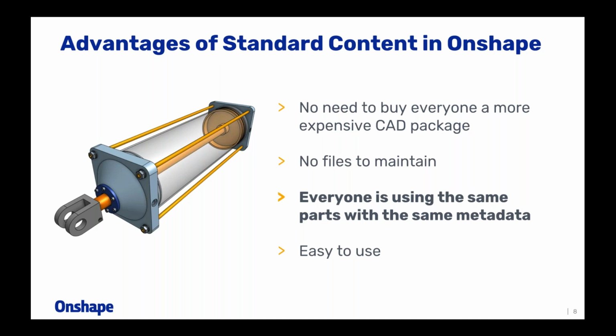The biggest thing is, by default, with no action or management of your own, everyone in your company is using the same exact parts with the same exact metadata. That's a key thing to stress in companies or teams where that can often be chaotic. And of course, in typical Onshape fashion, it's very simple to use.